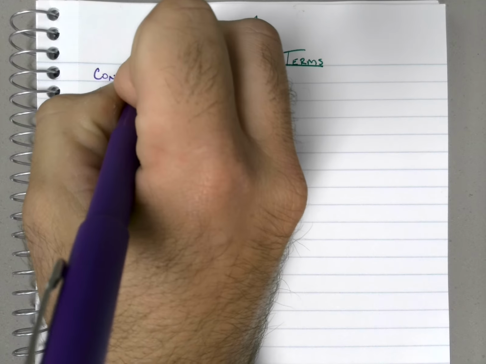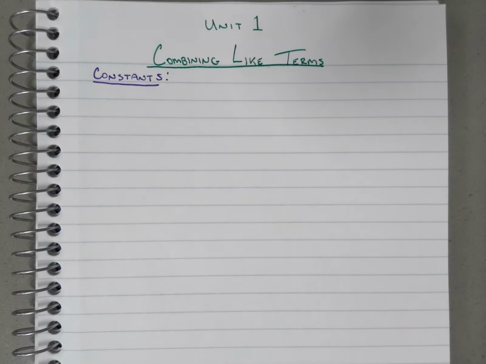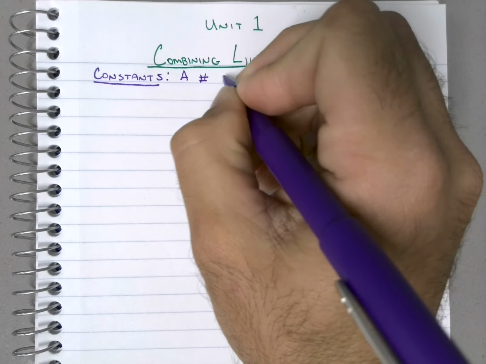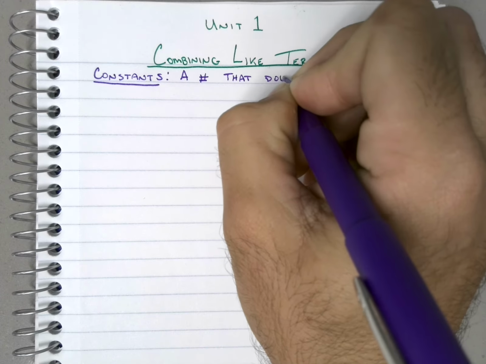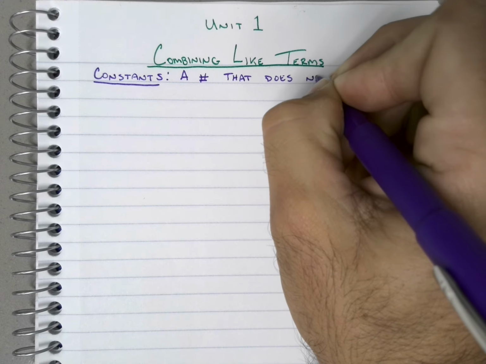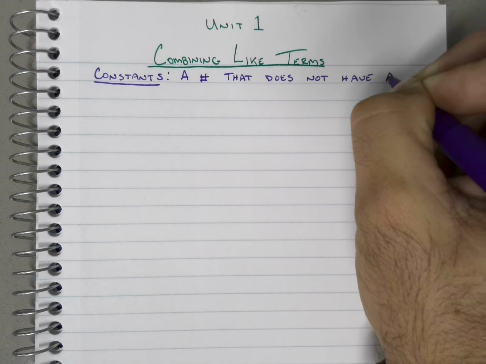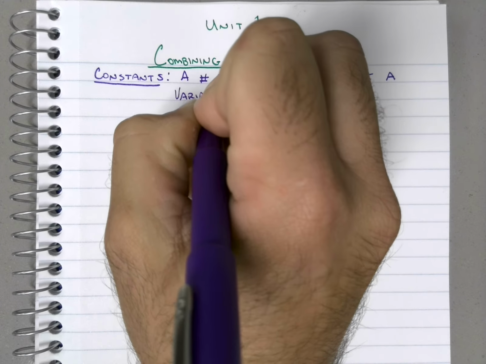what a constant is. Okay, what are constants? You might have already heard this before. Okay, constants, this is a number that does not have a variable. This is a constant, okay?